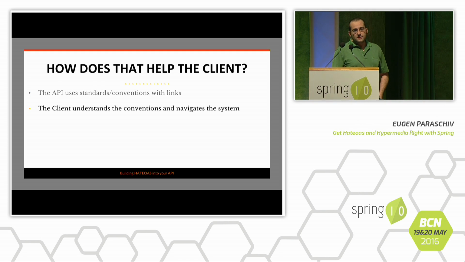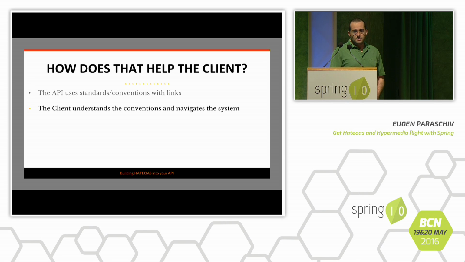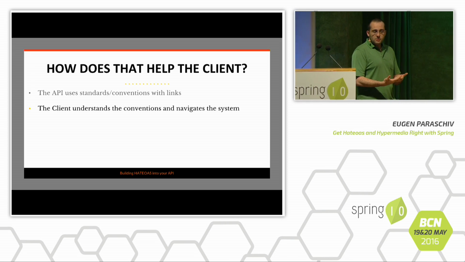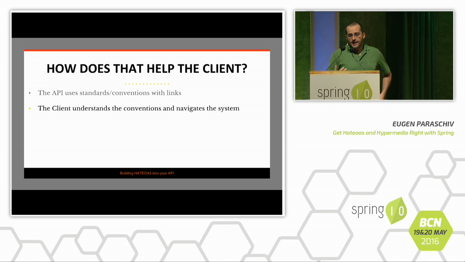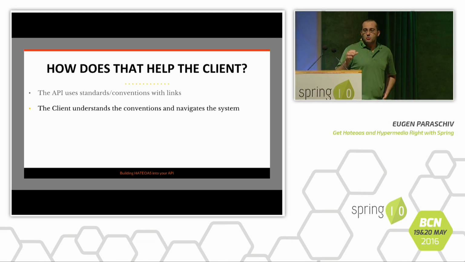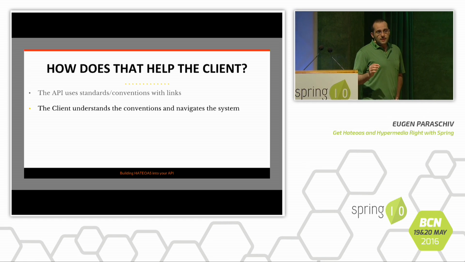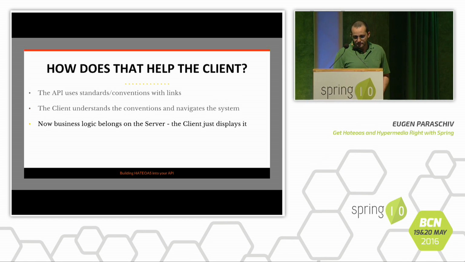So the client understands those conventions, because either it's your internal client or you're exposing those conventions in the documentation, and so the client understands the conventions, and then it uses those conventions to navigate the system. Now, how does that actually work?